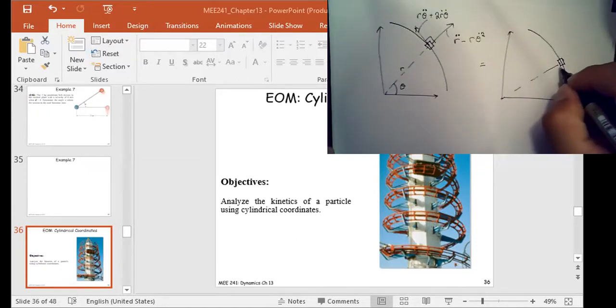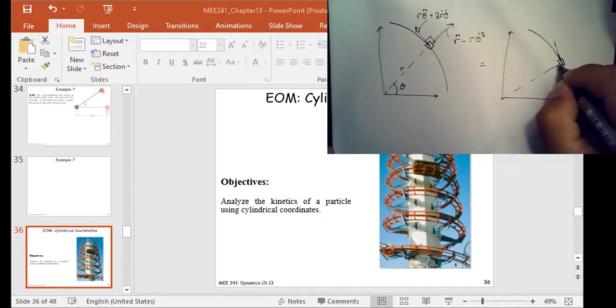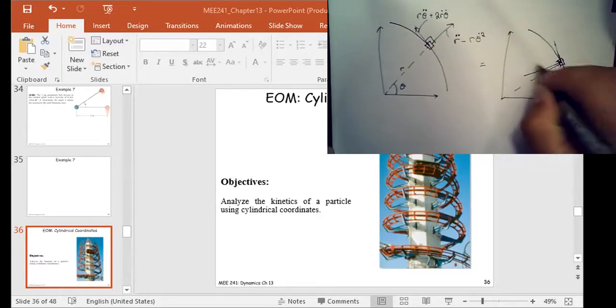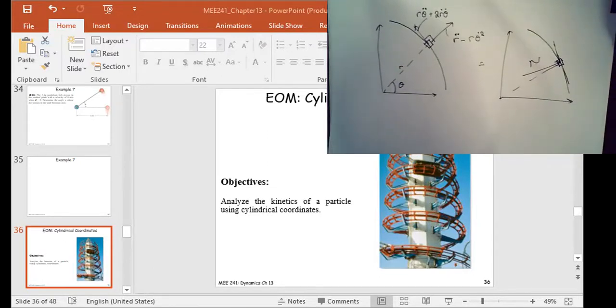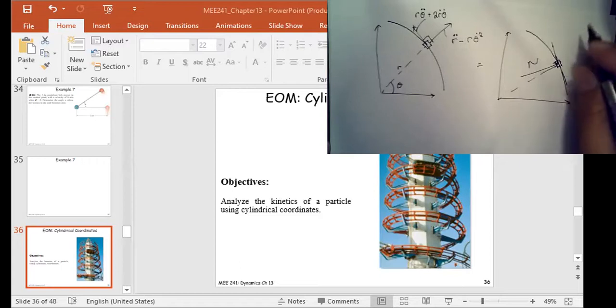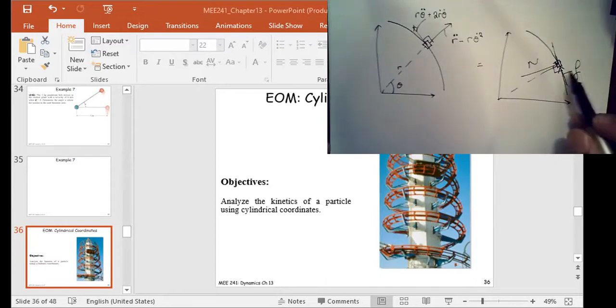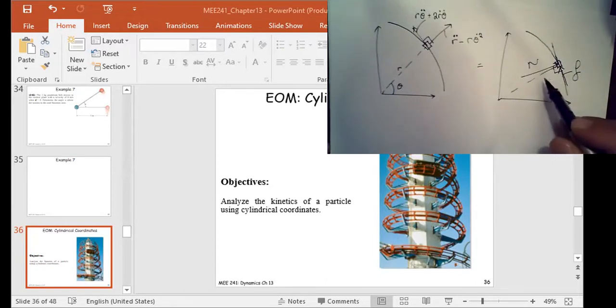We have a normal force, which is perpendicular to the tangent, not radial. And we could also have a frictional force, which is perpendicular to N.